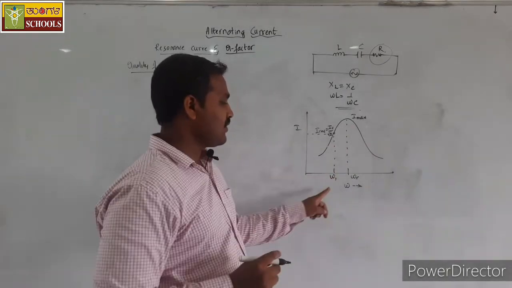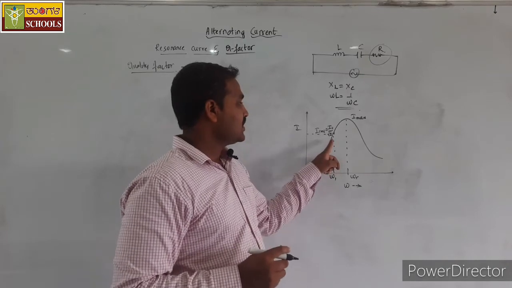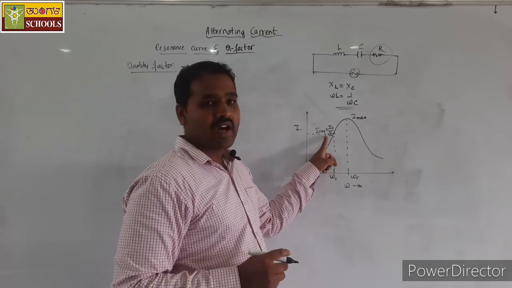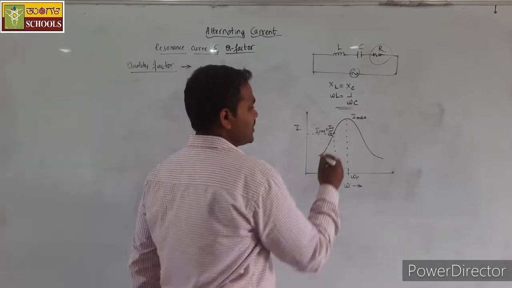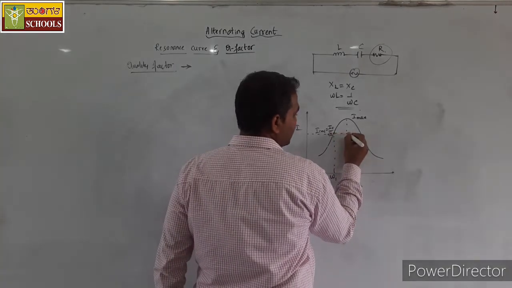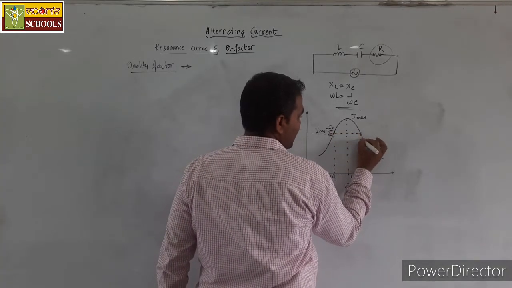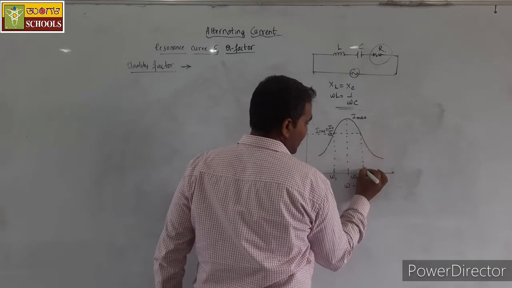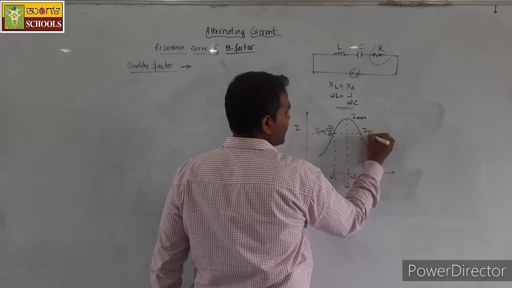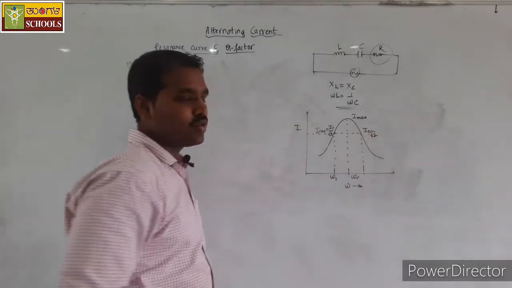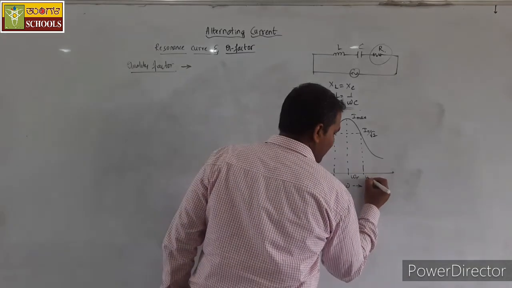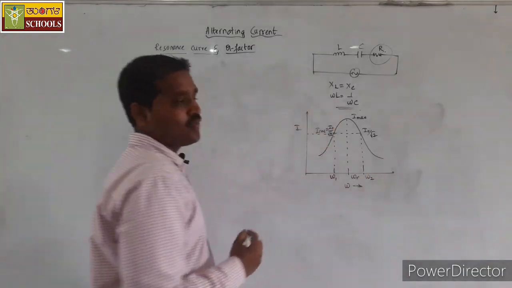Omega 1 is the value of frequency at which the current is equal to I naught divided by root 2. Similarly, we will have another value of the frequency at which again the value of current is I naught divided by root 2. This corresponding frequency I call it as omega 2.